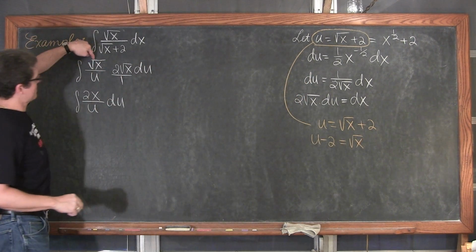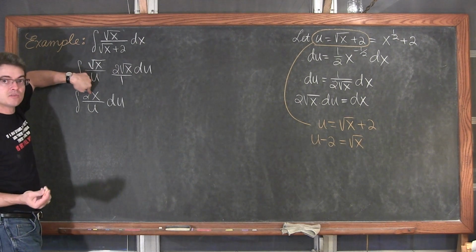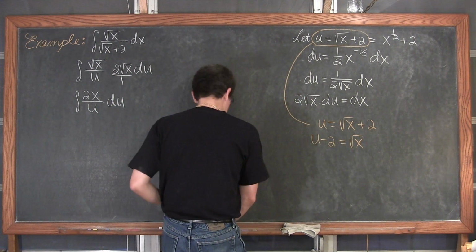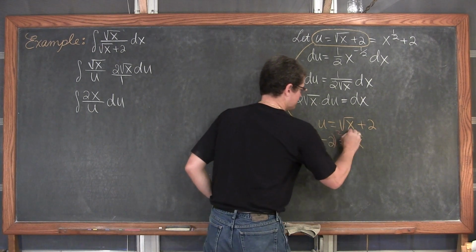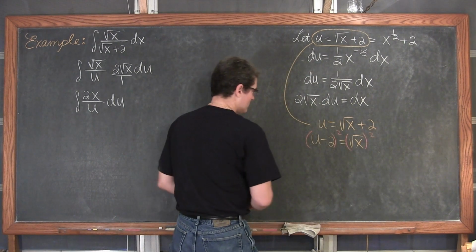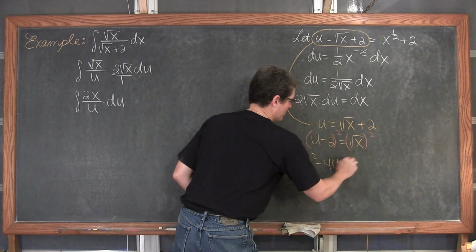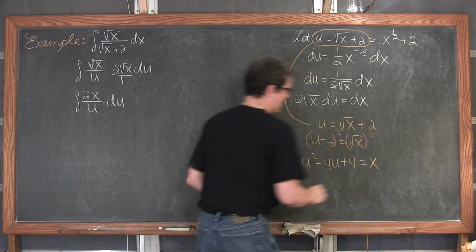But I had x up here, but now I've got the square root of x. So I need to take this and square both sides of the equation, and we get u squared minus 4u plus 4 is equal to x.